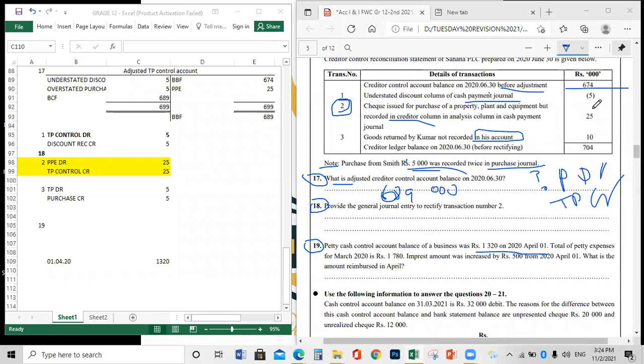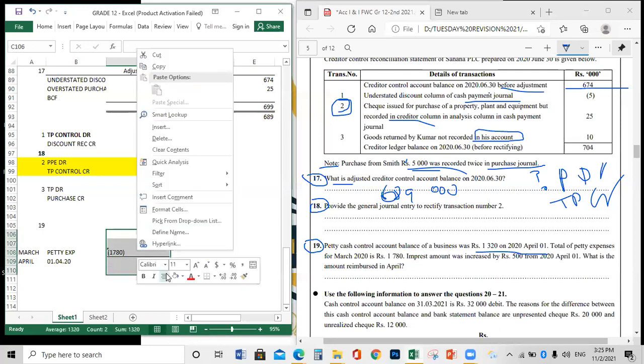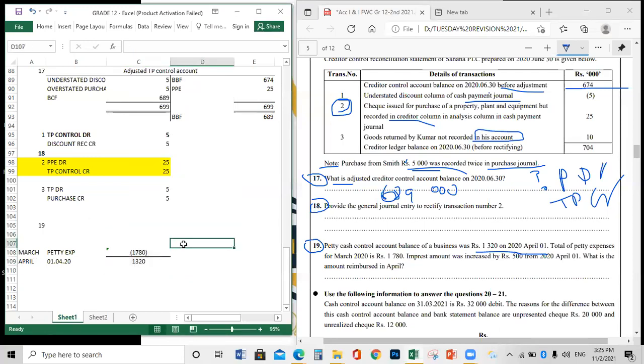So, this is April. They say for the month of March they have made petty cash expenses of 1,780. These are the expenses you made in the month of March.